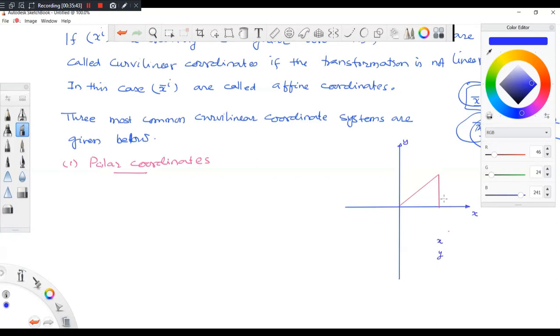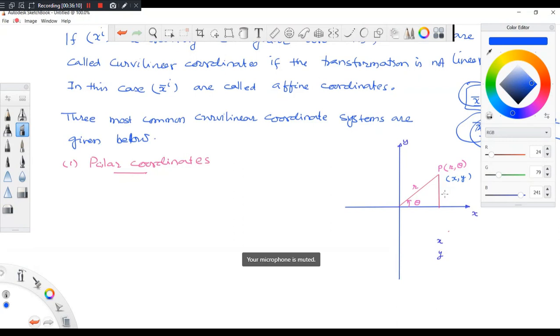But now, if you take the angle between them, suppose this angle is theta and this length is r, then the same point, let me call it P, I represent by r theta, while the rectangular coordinates I call x y.